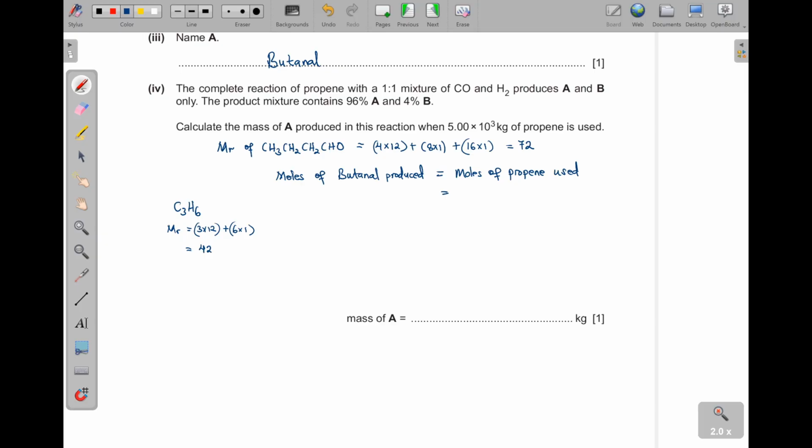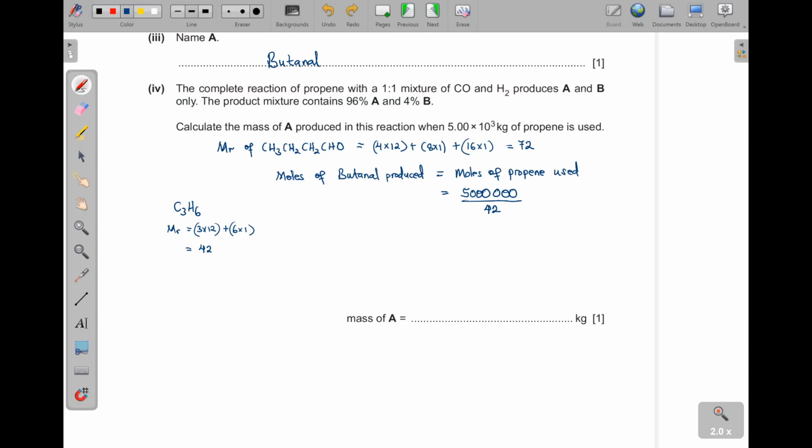So moles of propene will be the mass, which is given here, 5,000. It is in kilograms, and mass here has to be in grams, so again times 1,000, then we divide by this 42 here. That will be the same moles for butanal.